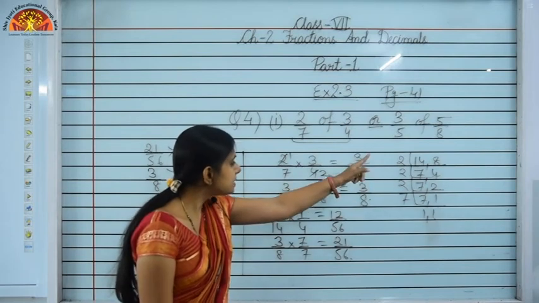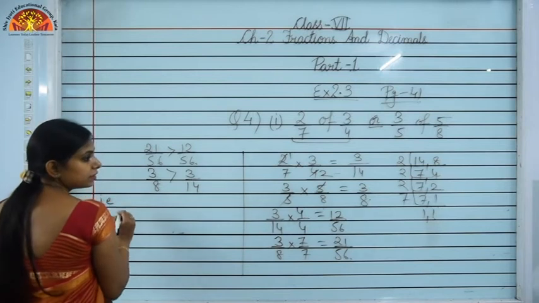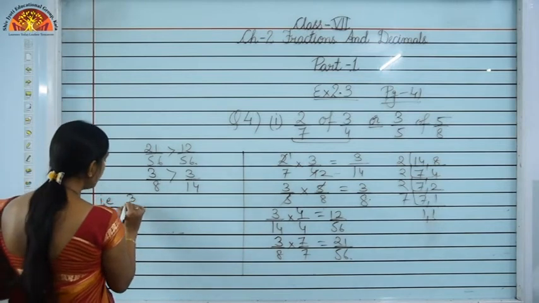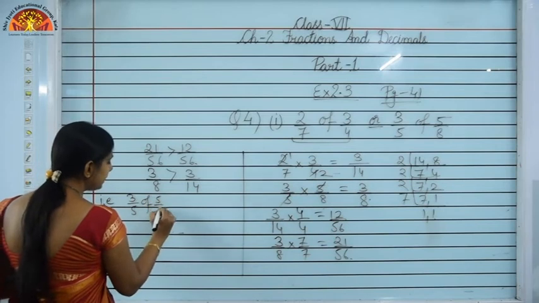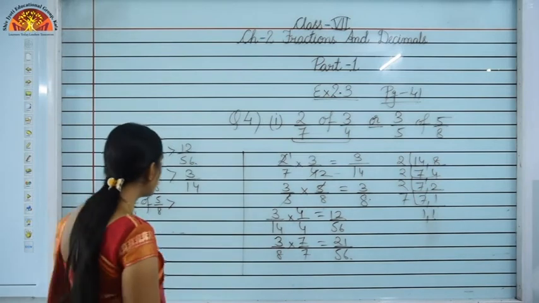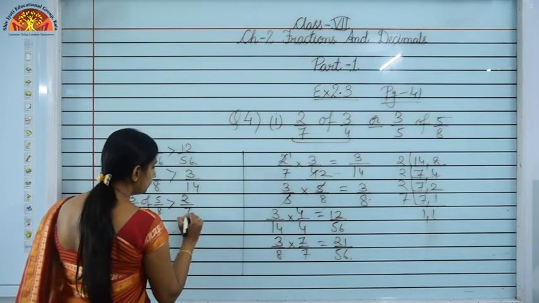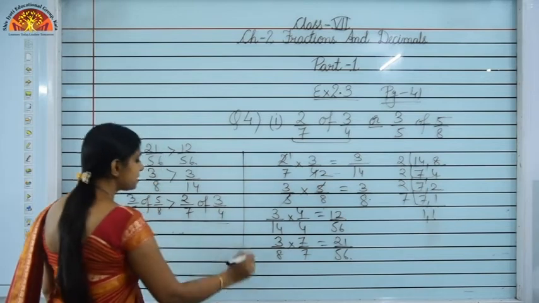That is for the second one. So we can just write that is what? That is 3 upon 5 of 5 upon 8 is greater than 2 upon 7 of 3 upon 4. So this is the answer.